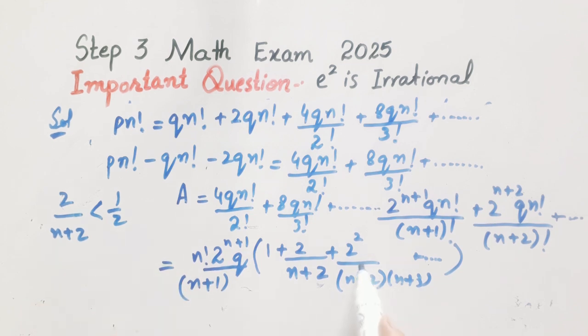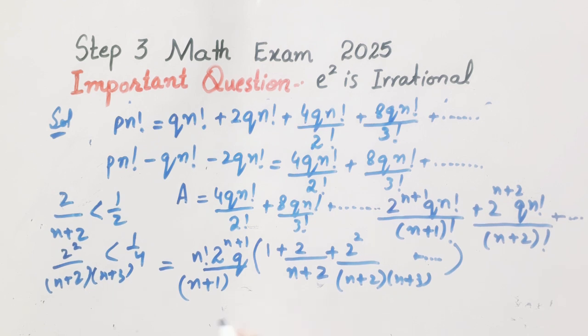So this will be less than 1 over 4, and 2 square over n plus 2 into n plus 3 is less than 1 over 4.